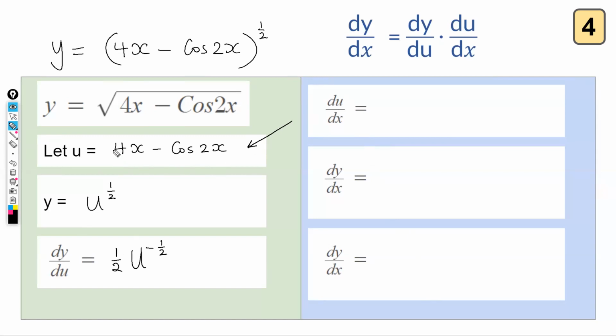When you differentiate 4x, you just get 4. And when you differentiate cosine, you get minus sine. But the 2 also goes in front. So the 2 minus signs are going to touch. So you'll get positive 2, not cos, sorry, sine, and you have to write back the 2x.